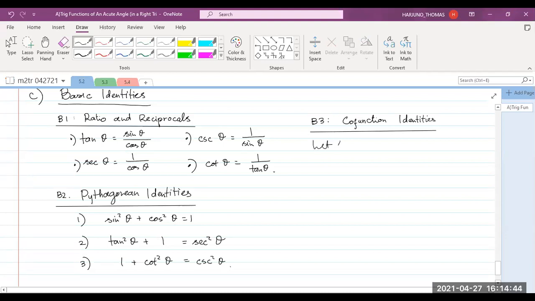Let A and B be complementary angles. In other words, they add up to 90 degrees.